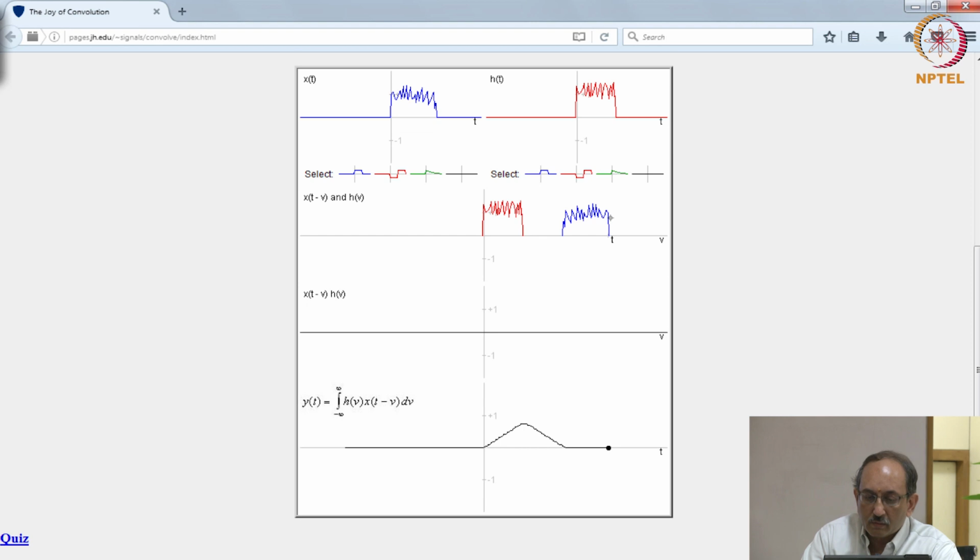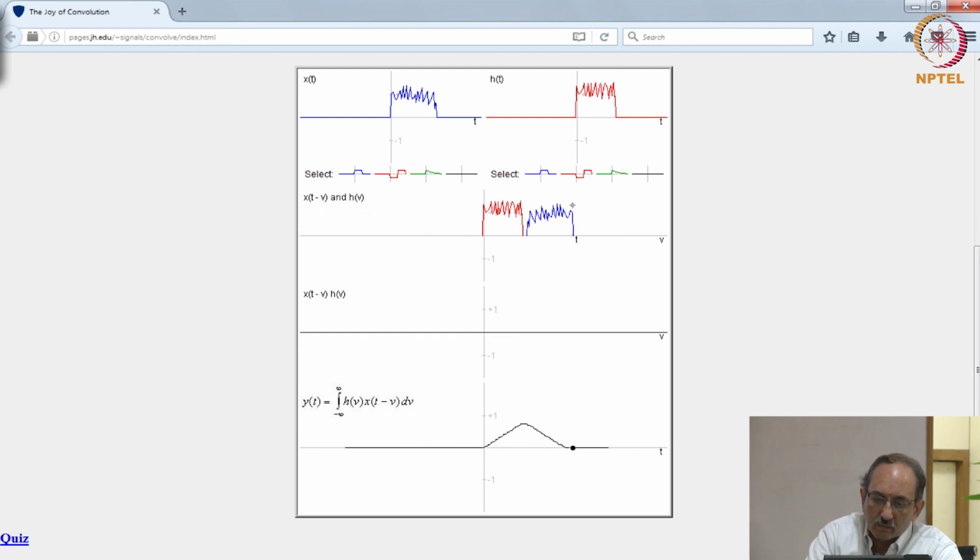All right. The final result is still not too different from a triangle because all these variations have been smoothed out. So, this kind of nicely illustrates the fact that when you integrate, all these fluctuations get smoothened out.